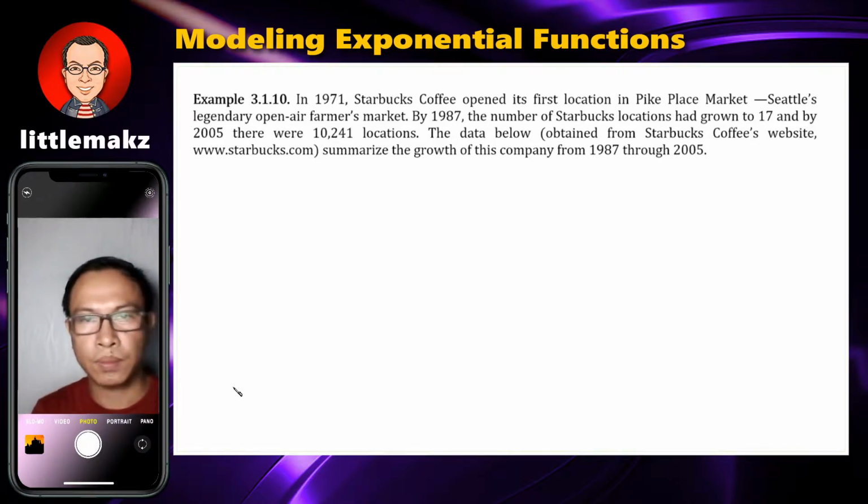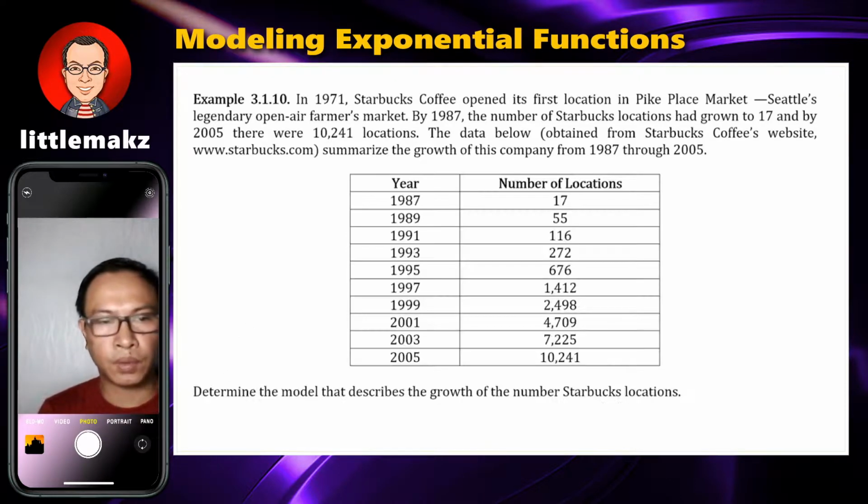The data below summarize the growth of this company from 1987 to 2005. By the way, this has been obtained from the Starbucks Coffee website, starbucks.com. We try to determine the model that describes the growth of the number of Starbucks locations so that we could predict how many locations there would be after a specific number of years.